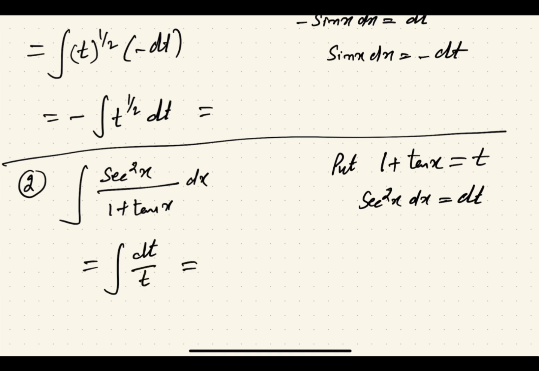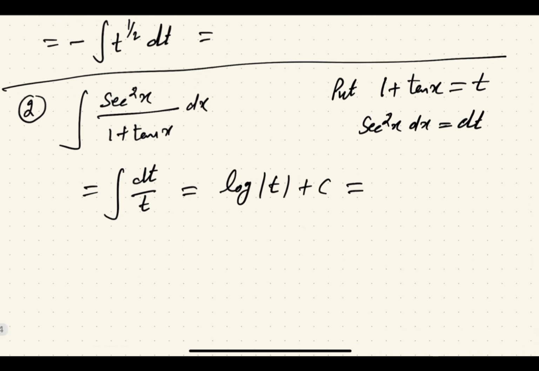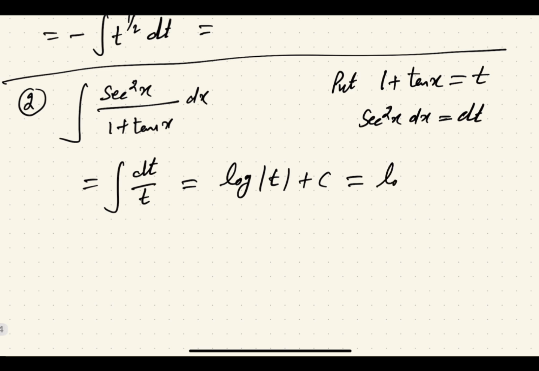Because everything is in t now, this will be equal to log t, and don't forget the absolute value, and c. Then you have to replace the t value, and that will be log of the absolute value of 1 plus tangent x, plus c at the end.